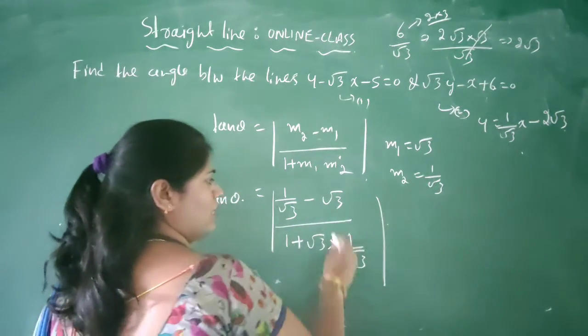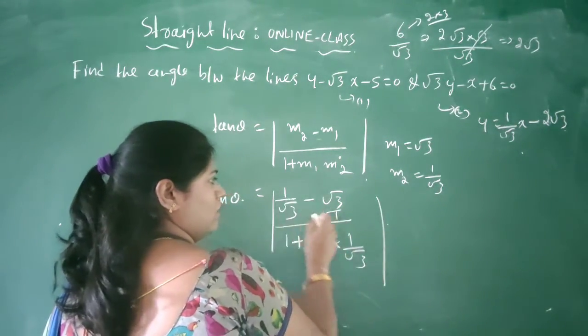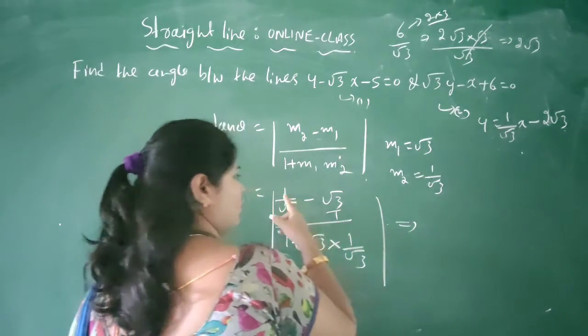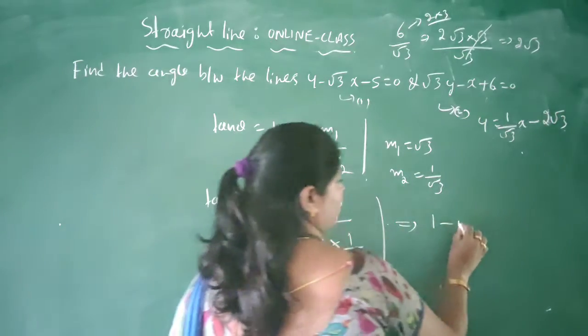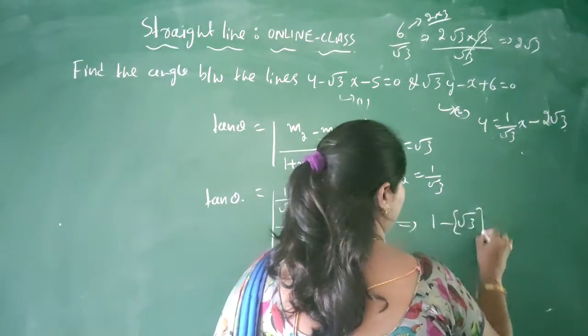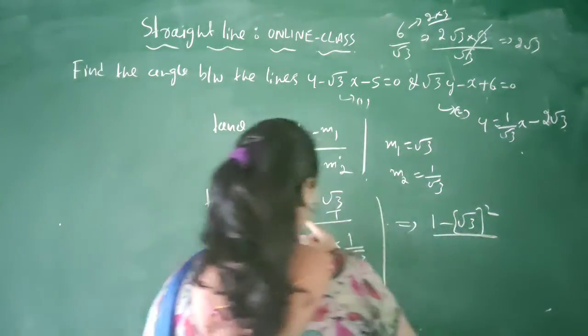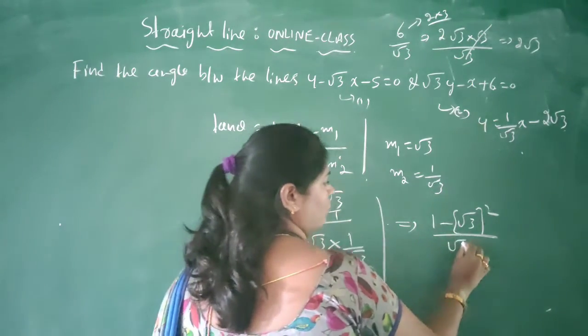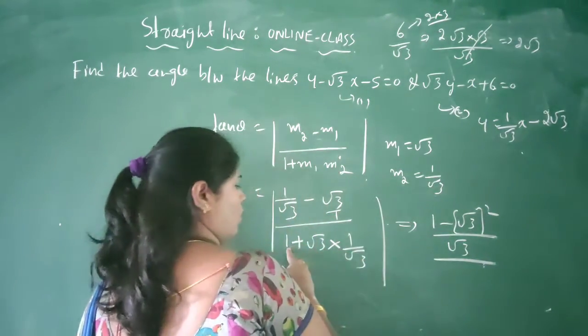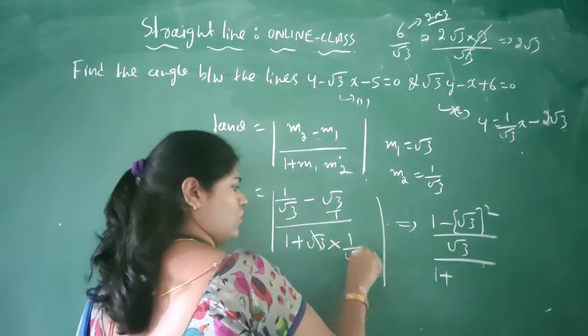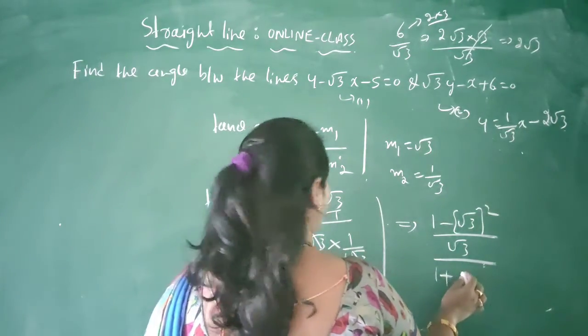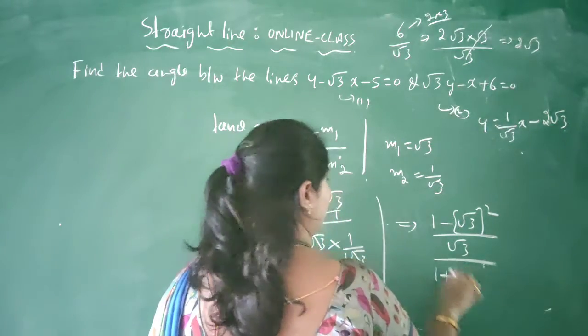After that we have to take LCM, that is cross multiplication. We have 1 into 1 is 1 minus root 3 into root 3 is root 3 square, so divided by root 3. Next 1 plus, root 3 with root 3 will get cancelled. You will get only 1.